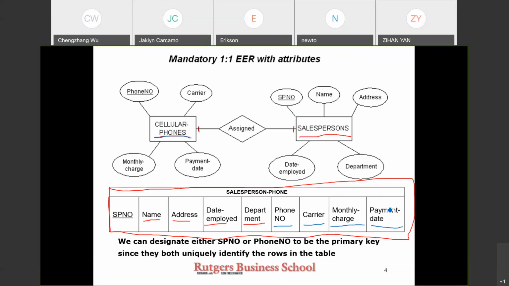Okay, so regarding the designation of primary key, you can designate either SPNO or phone number to be the primary key, since they both uniquely identify one row in the table.